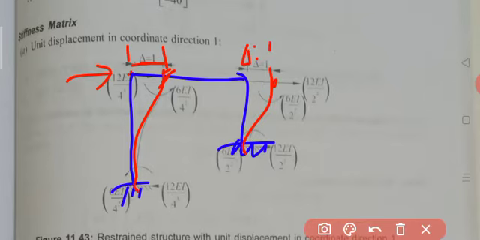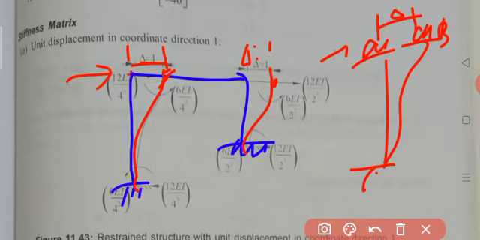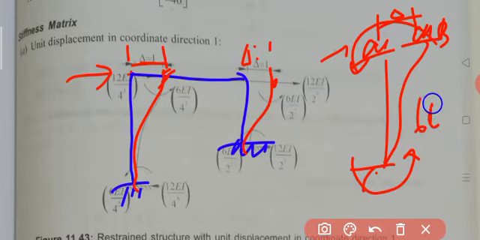Draw the free body diagram for the AB portion. Initially it is like this. Due to that unit displacement, joint B moves to some B dash position, and its value is equal to delta. That is, our right-hand side moves in the horizontal direction. Therefore, due to that translation you get some end moment. Both end moments are anti-clockwise, and the value is 6 delta by L square.